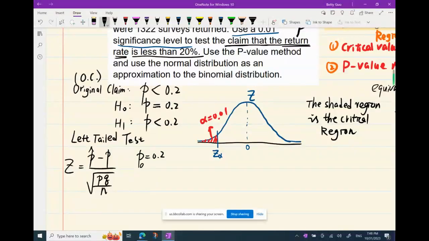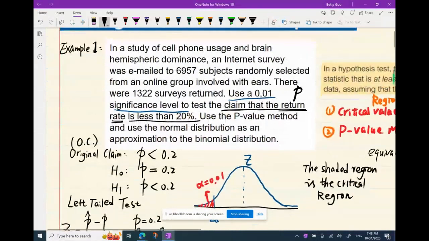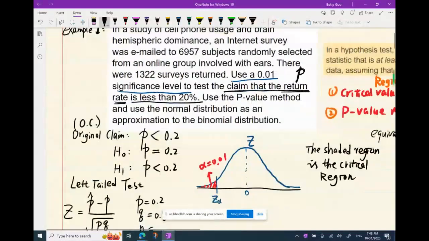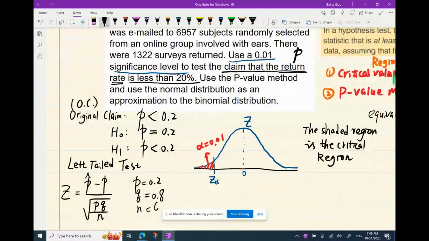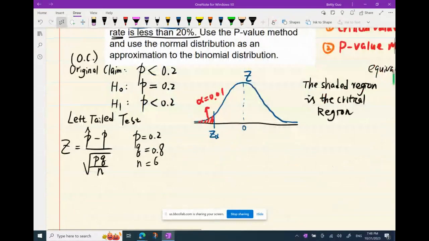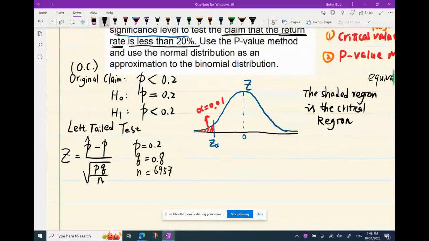If p is 0.2, then q, the complement of p, is going to be 0.8. N is the sample size, 6957.